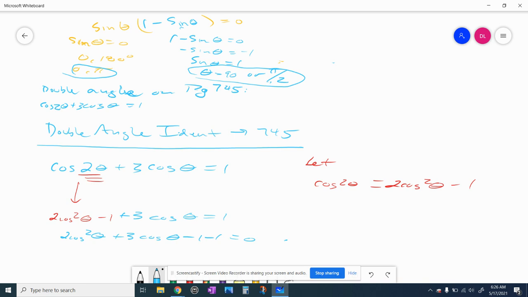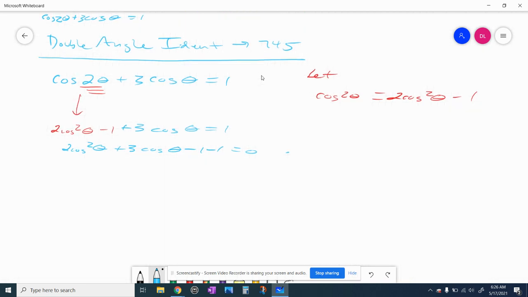So if I move this up a little bit, guys, this is going to be minus 2. So I get 2 cosine squared theta plus 3 cosine theta minus 2 equals 0. Cosine squared, cosine.